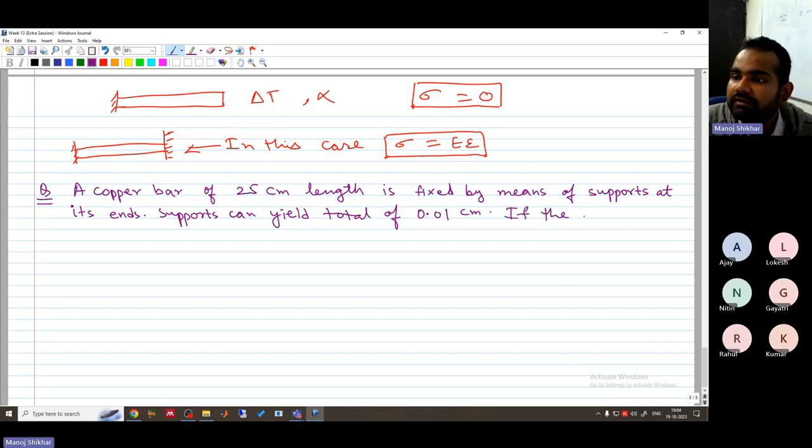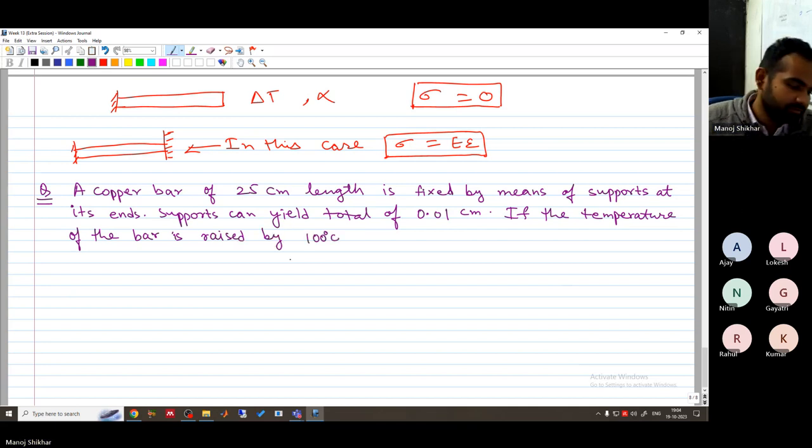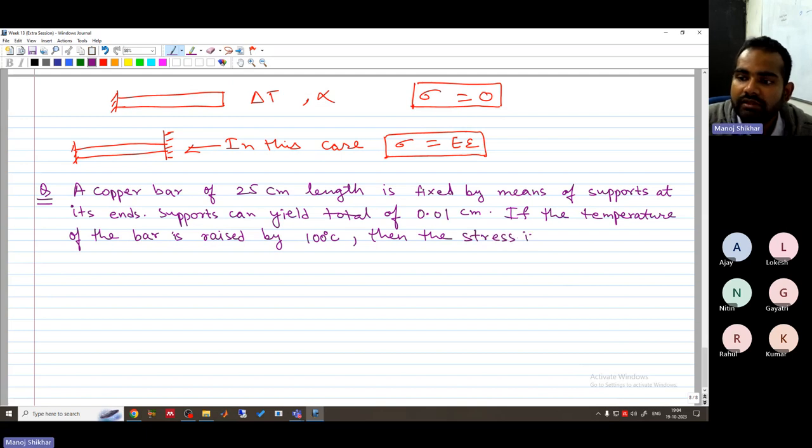If the temperature of the bar is raised by 100 degrees centigrade, then the stress induced in the bar is?